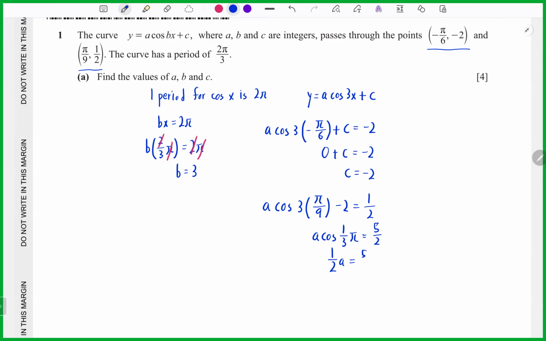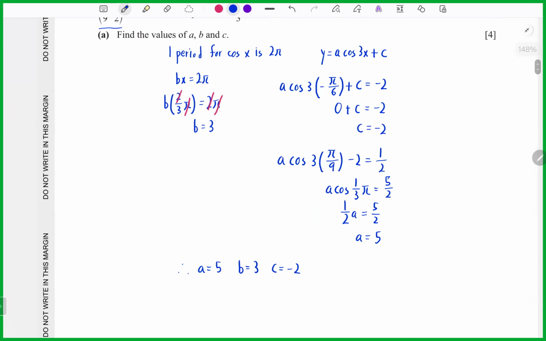So a over 2 equals 5 over 2, and a equals 5. So you already have the values for a, b, and c. Let's summarize the answers: a equals 5, b equals 3, c equals negative 2.